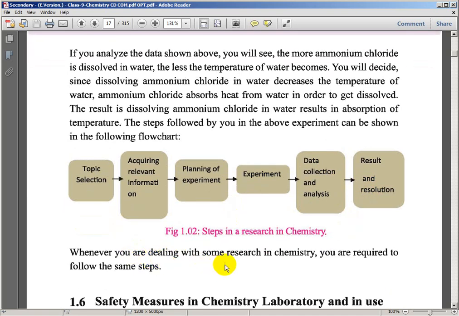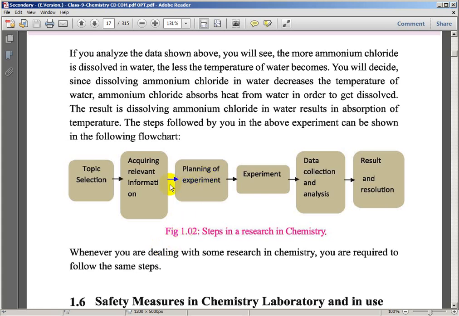Whenever you are dealing with research in chemistry, you are required to follow the same steps.